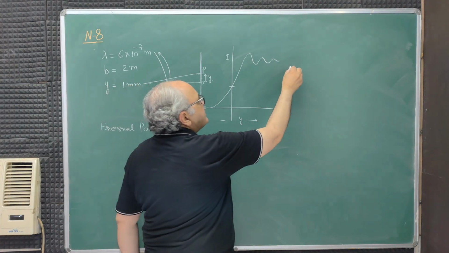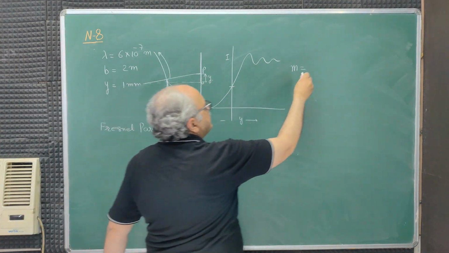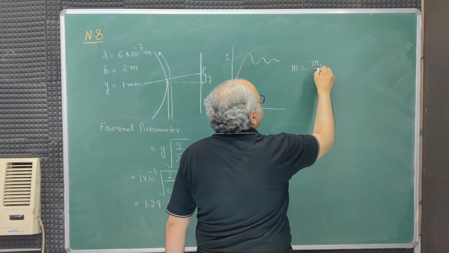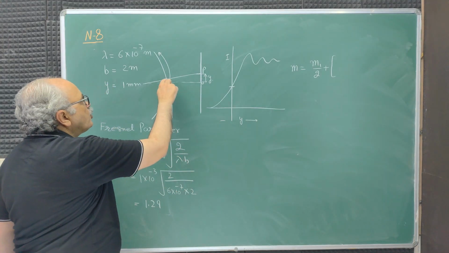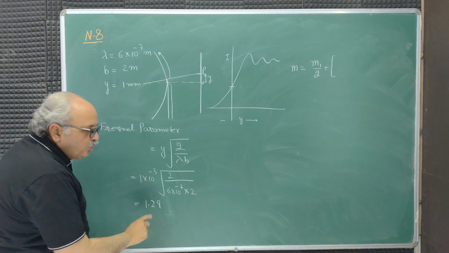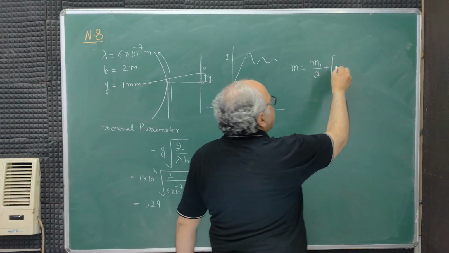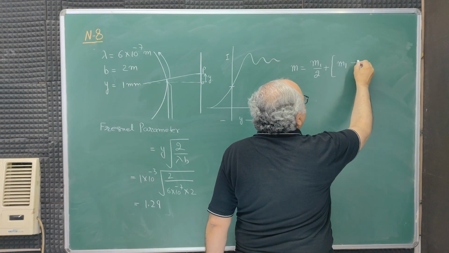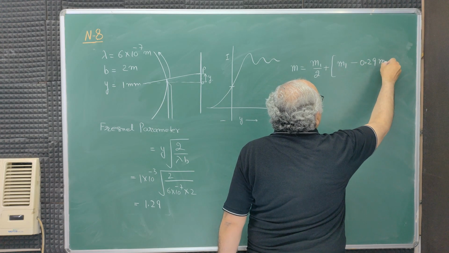So the net resultant contribution is the contribution from the upper part, that is m1 by 2, but from the lower part the contribution is only 1.29 of the half period zone, which can be written as m1 minus 0.29 of m2.